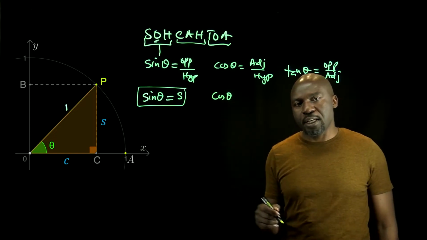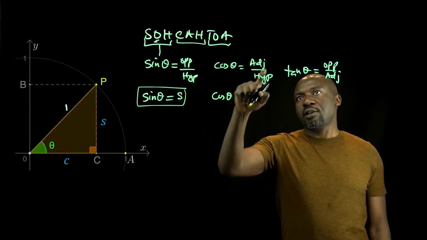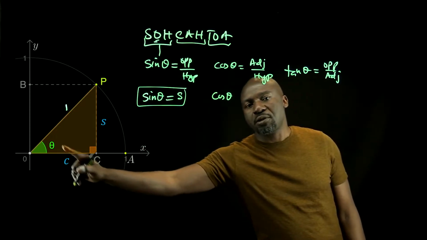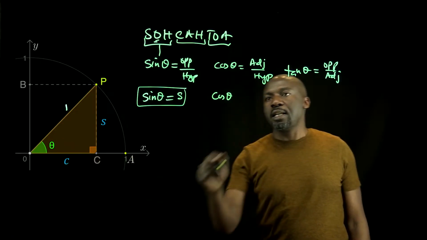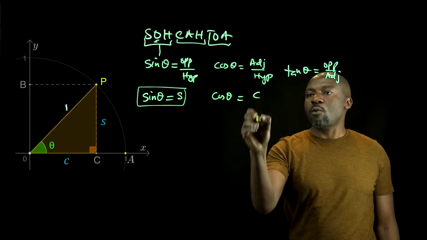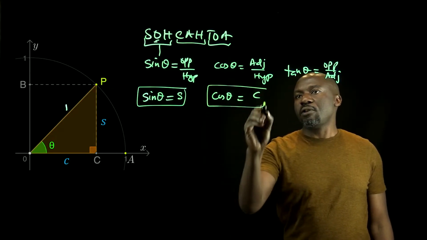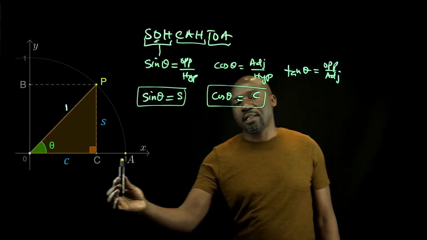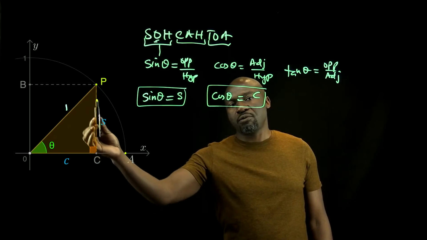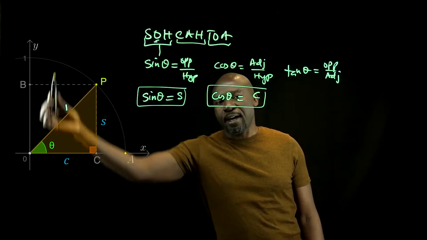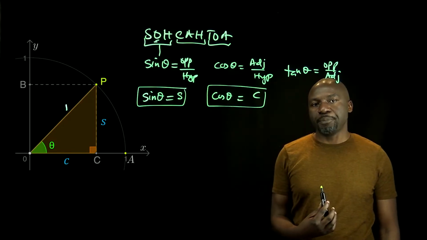Similarly, cosine of theta is adjacent over hypotenuse, and the adjacent to the angle there is C, so we can say C over 1. Therefore, in the same way, the cosine of the angle is the horizontal distance of point P from the y-axis. But that is by definition.